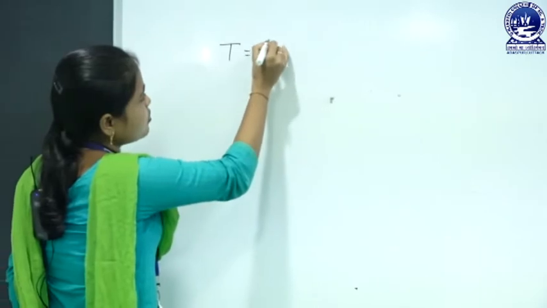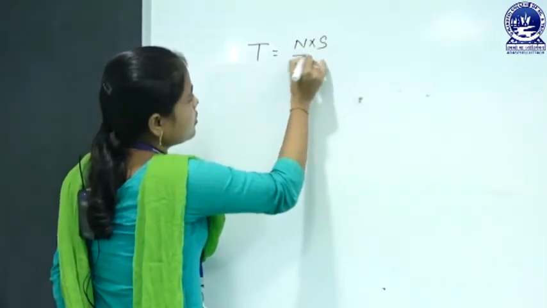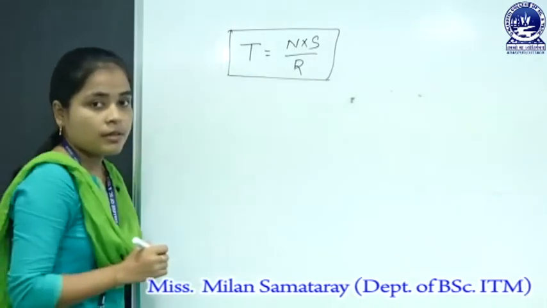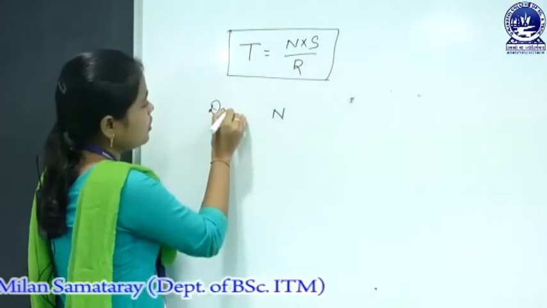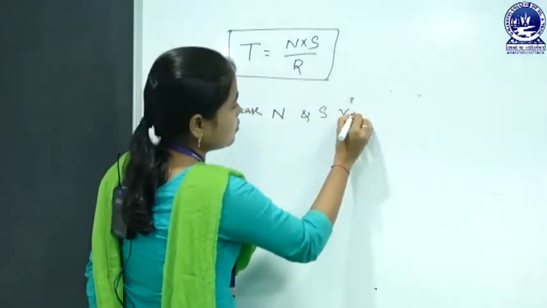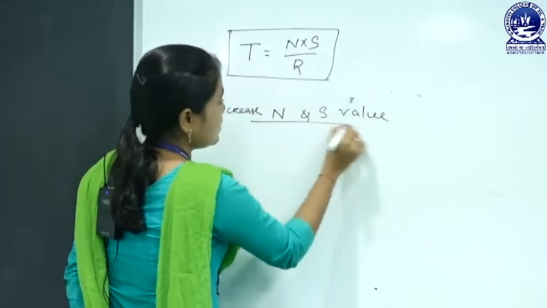The equation is T equals N times S divided by R. We have to decrease N and S values.